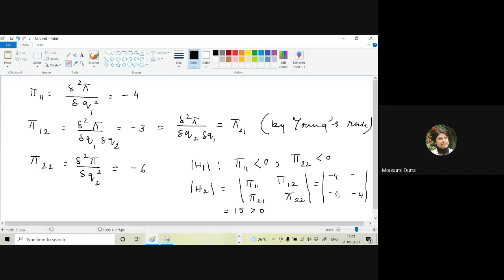Ma'am, this answer will also be 15 and it will be greater than 0. Yes. If it is 15, it is definitely greater than 0. -4, -3, -3, -6. 6 into 4, 24, minus 9.